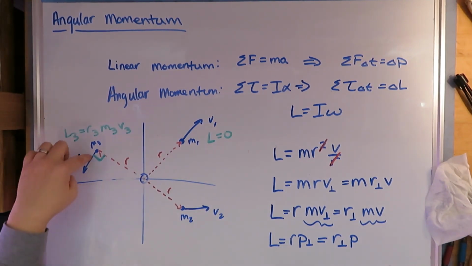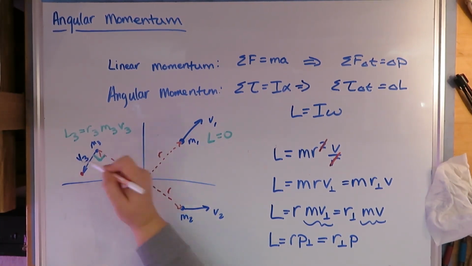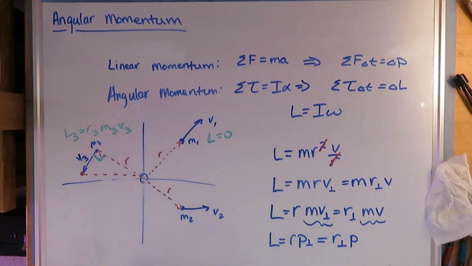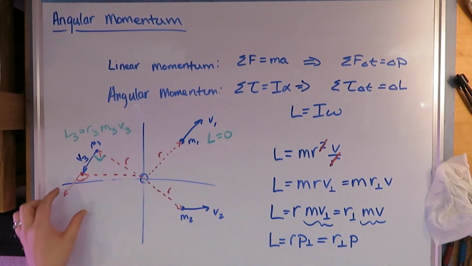Now, at the next instant in time, it's going to move in a straight line, and its angle will have changed, because when it's at this next position, maybe over here, it's now at an angle that is not 90 degrees. So its angular momentum will have decreased in terms of the angle between them.